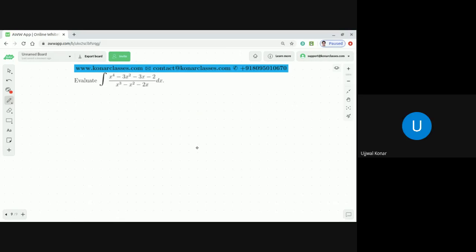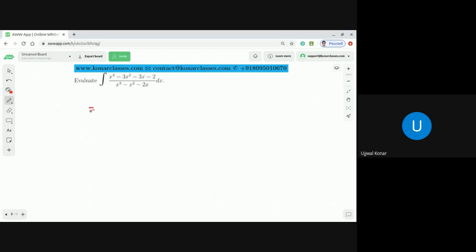Yes, as I was suggesting, first you should divide, right? If we divide, then what are we going to get? My first question to you: did you divide this at all? I tried, but after that I didn't get the form that came. It will come in a very easy form.